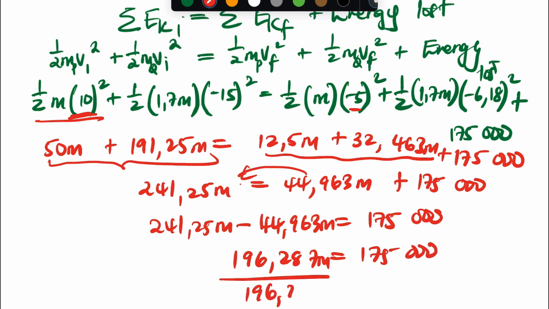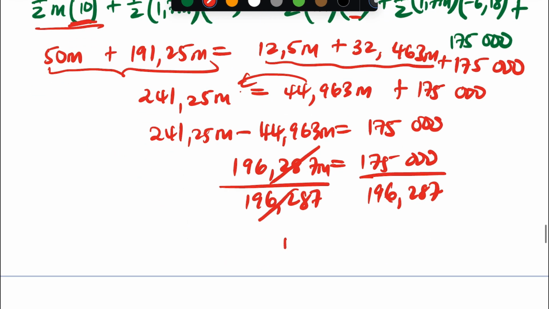It's 196.287. We divide by 196.287, so your m there.